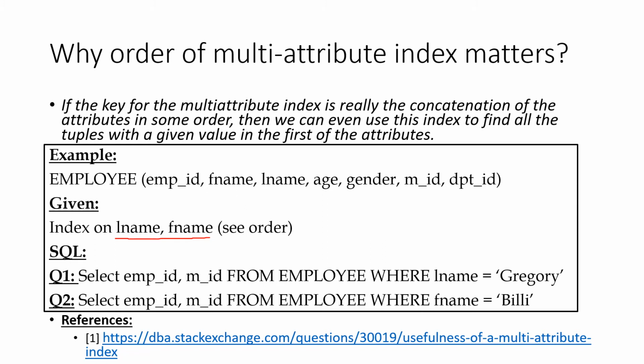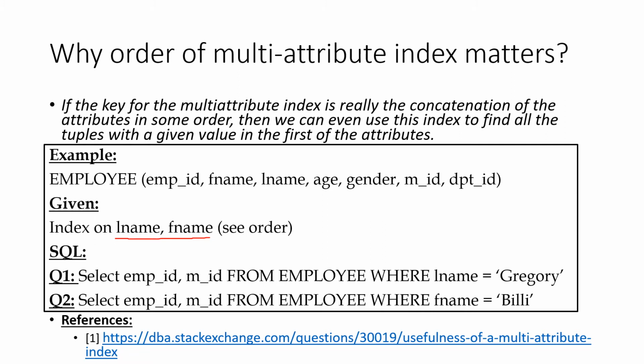The example is just like the one given in the references. Suppose you have a phone book and you have arranged it by last name, with first name coming afterwards. If you try to search with the last name, then you can immediately go from the index to the L, then the G, and select the Gregory item.